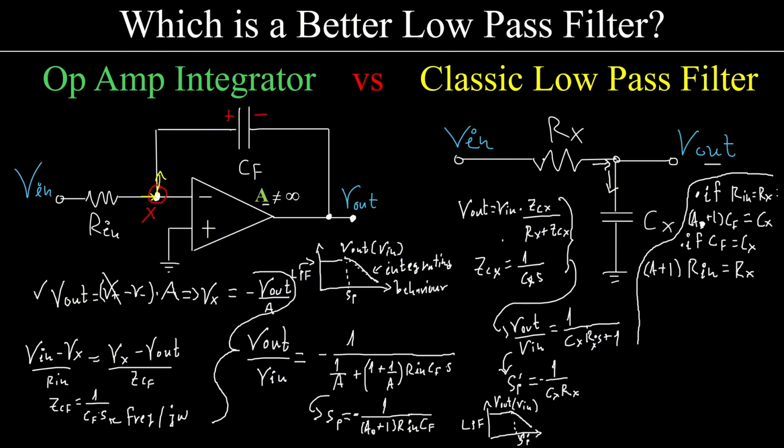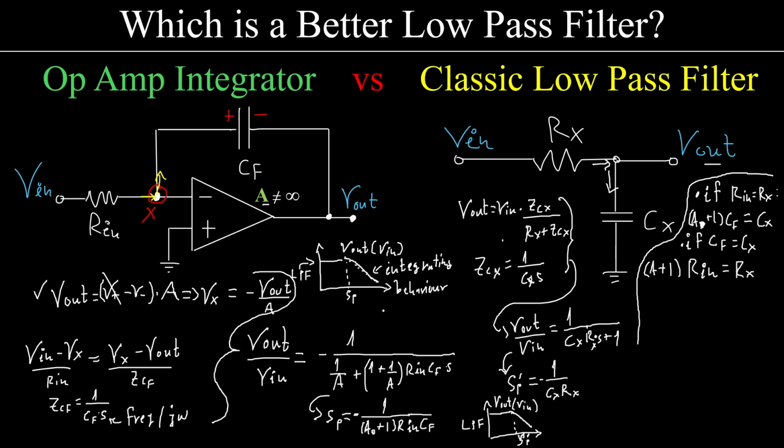Then this resistor would have to be 1 kilo ohm times 1,001, 10,001, 1 mega ohm, 10 mega ohms. This makes these circuits much more expensive, potentially, in order to simulate the behavior of this circuit when it comes to working as a low-pass filter.